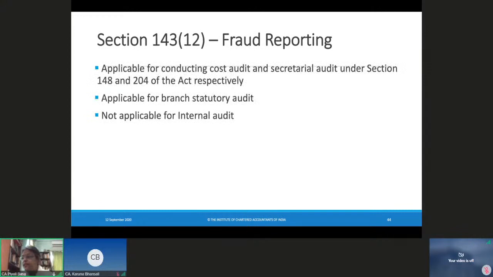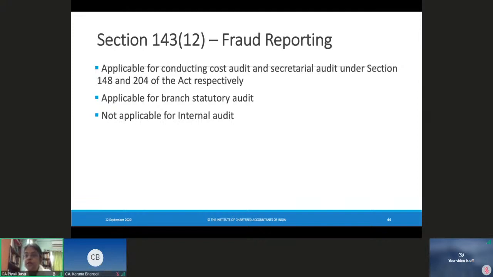Another thing you must keep in mind: if a fraud has been detected by the management, or through vigilance or a whistleblower mechanism, and has already been dealt with by reporting or otherwise, and the auditor has been informed about it, then in such a case the auditor doesn't have to report again under section 143 subsection 12. This is an important requirement for examinees to remember.